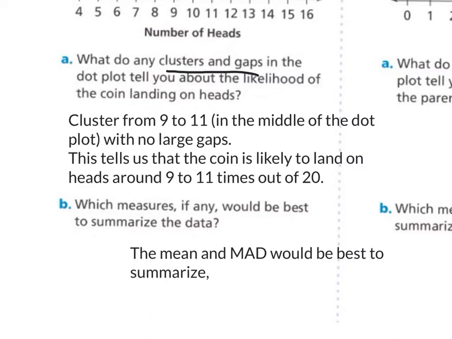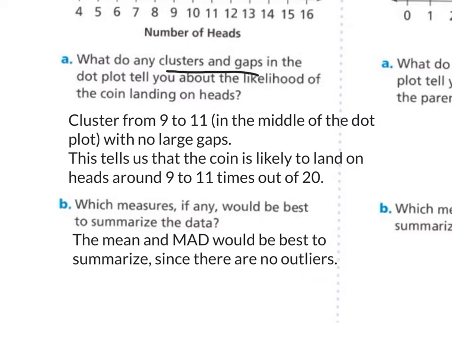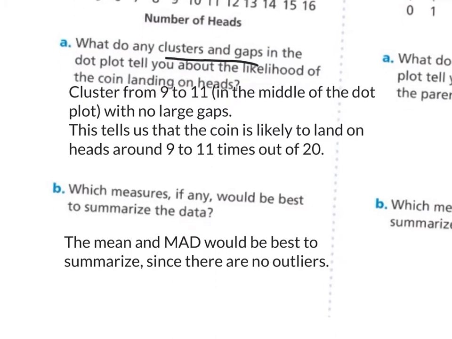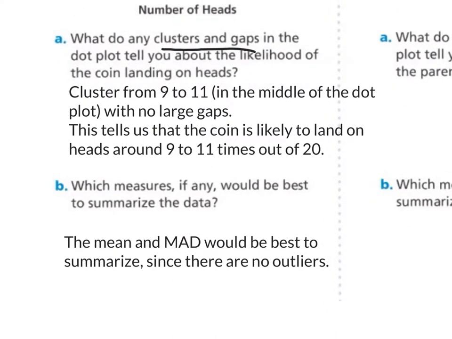Okay, again, since there are no outliers. Also, your book talks about if we have a cluster in the center and it's symmetric or roughly symmetric, then we'll use the mean and MAD. So that would be another way to know to use those measures.